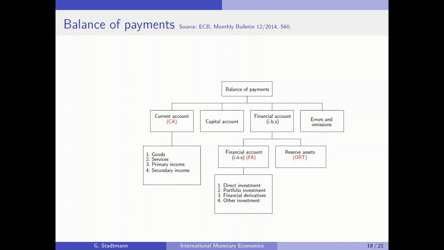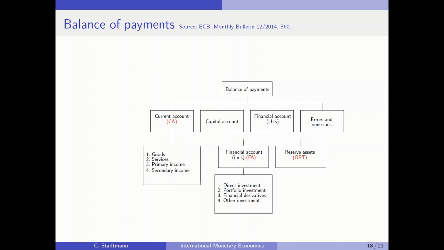So the big difference between the financial account in the narrower sense and the reserve assets is that the financial account in the narrower sense will be addressed in case that private agents are performing a financial transaction, and the reserve asset account is addressed in case that the central bank is changing these kinds of financial assets by performing an intervention at the foreign exchange market.